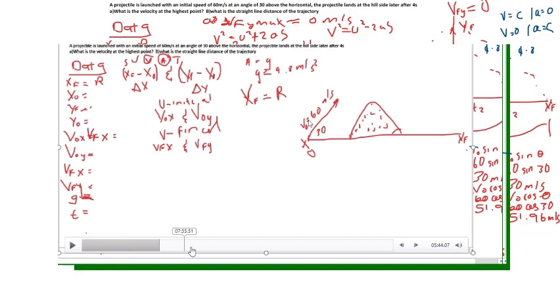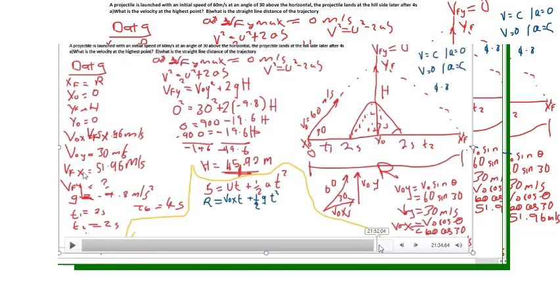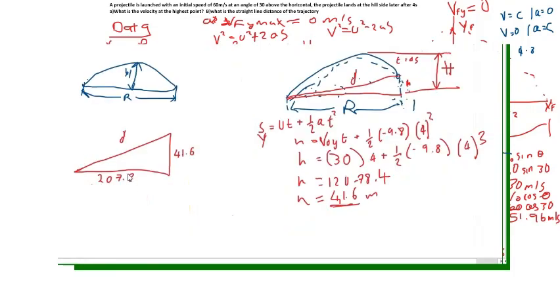Yes, the range we found to be 51.96 by 4, which is 207.84. We can now use this: d squared is equal to r squared plus h squared, because this is your h and this is your r, the range. We're now finding this distance here.